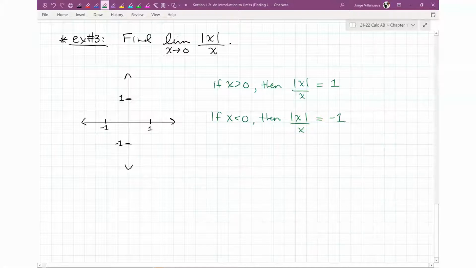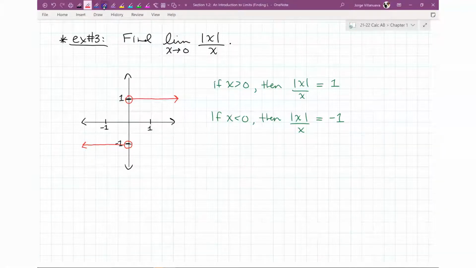So let me go ahead and graph this. If x is greater than 0, I get 1. So it's going to look like this. And if x is less than 0, I get negative 1. It's going to look like that. Well, let's try something here.